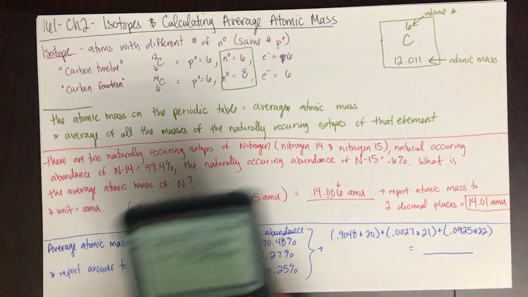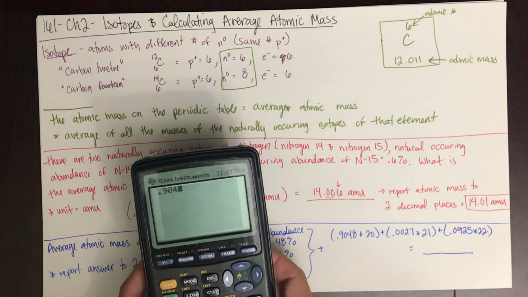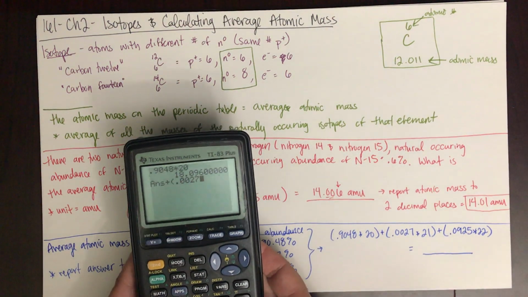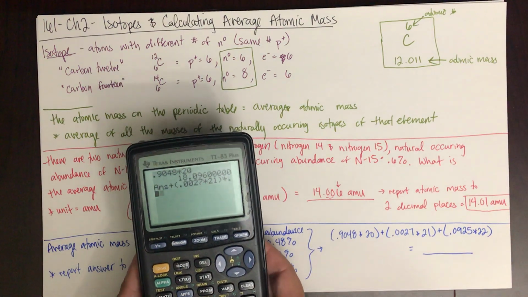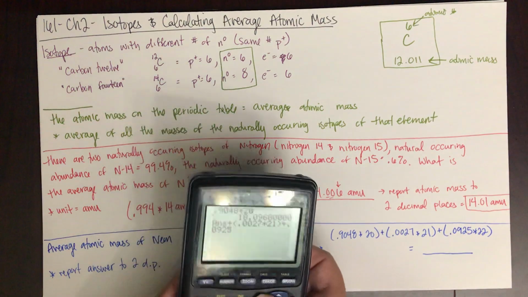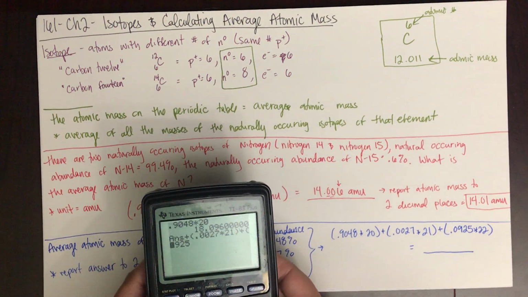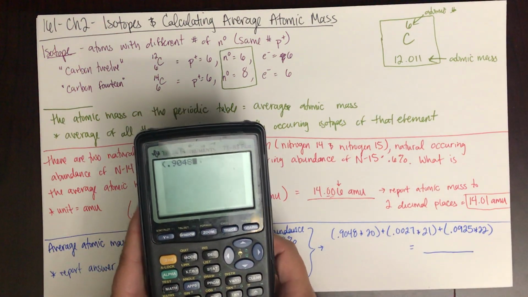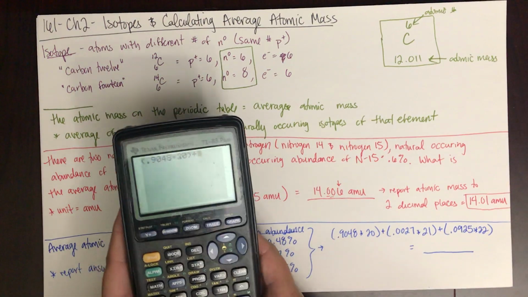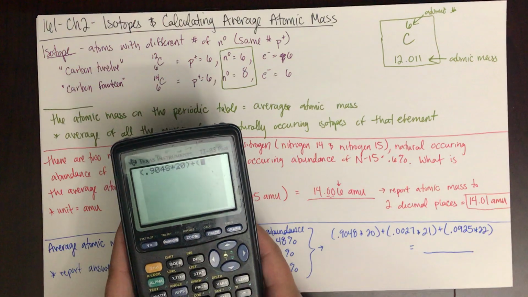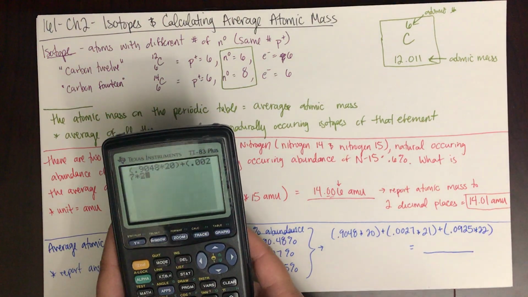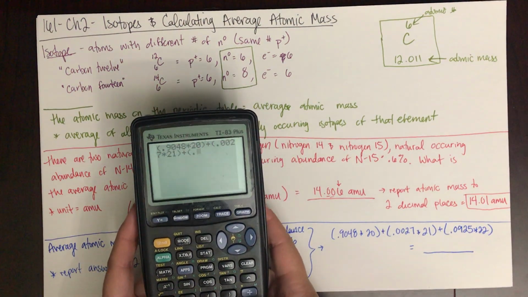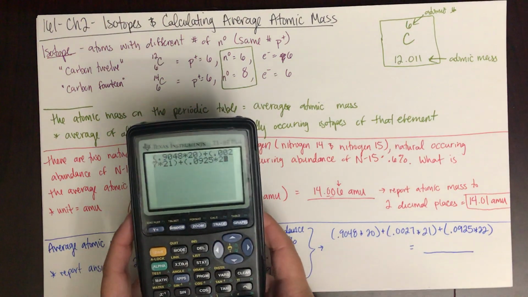And then I'm going to give my answer to 2 decimal places. So I'll say 0.9048 times 20 plus 0.0027 times 21 plus 0.0925, hang on, let me do this again. 0.9048 times 20 plus 0.0027 times 21 plus 0.0925 times 22.